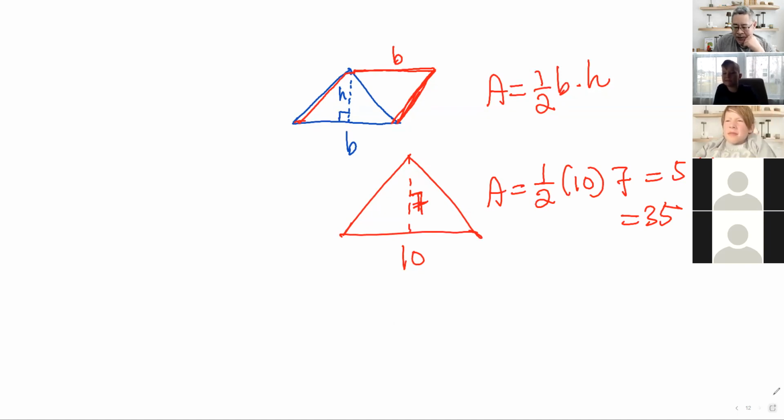Okay, now let's do a couple of problems. One is this. The base is, say, 9. Our height here is 6. What is our area?